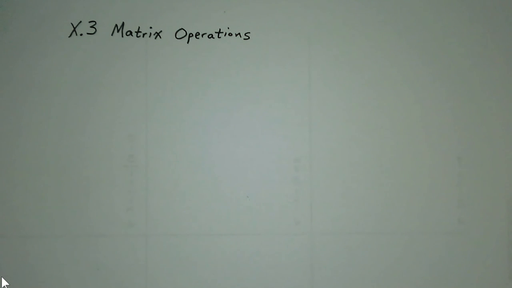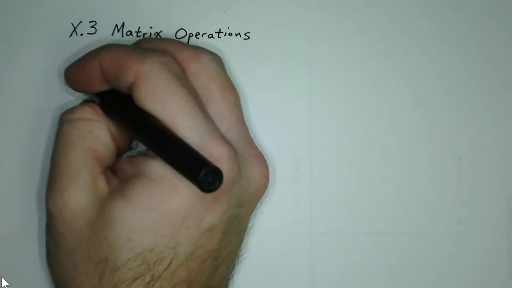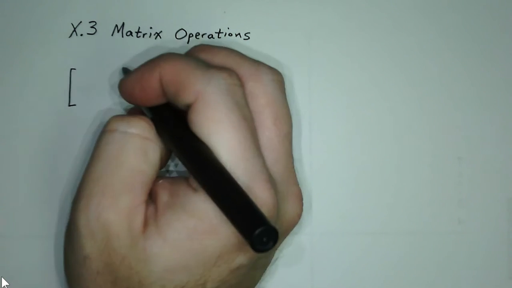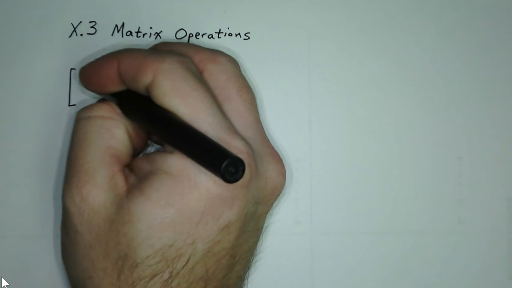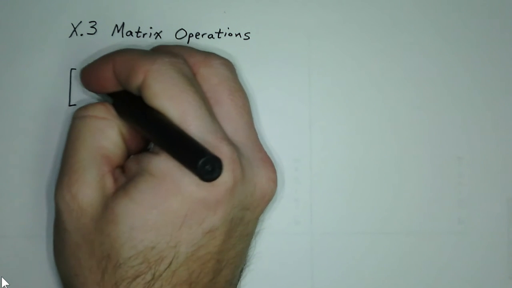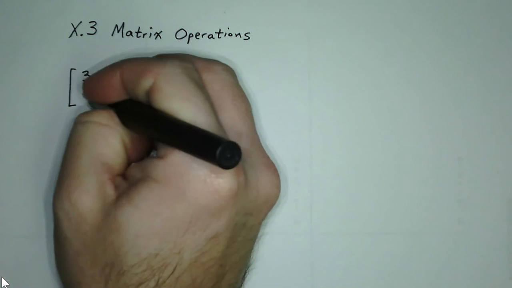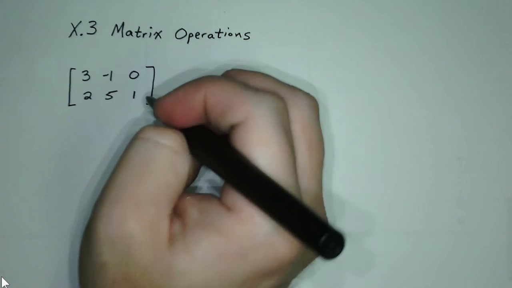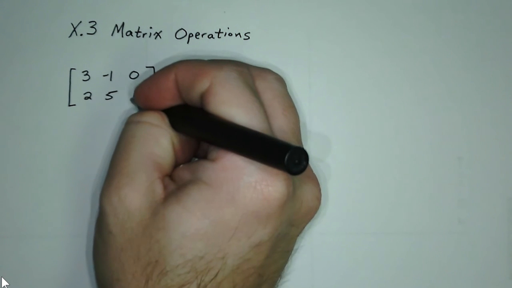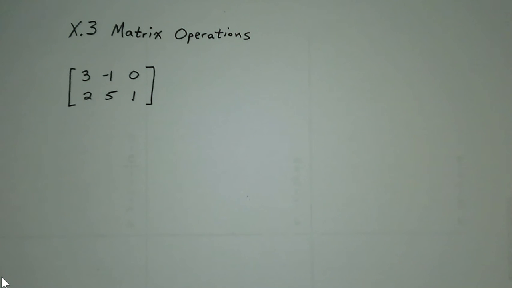It was basically where the equal sign was, so that was an augmented matrix. But normal matrices don't really have that line. So this is a normal matrix. It's just an array of rows and columns. So there's a more typical normal looking matrix, and we're going to be dealing with those in section X.3 here as we look at matrix operations and just other random things about matrices.